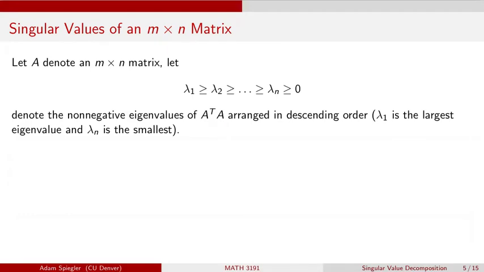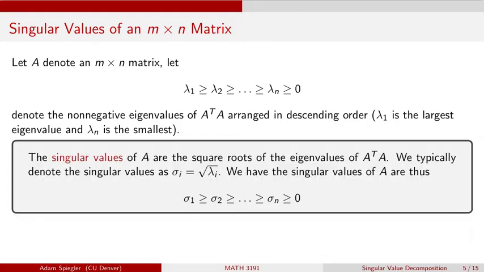So let's order those eigenvalues, lambda 1, lambda 2, up to lambda n in descending order. So lambda 1 is the largest eigenvalue, lambda 2 the second largest, lambda n is the smallest non-negative eigenvalue. Okay, so these are all greater than or equal to 0.